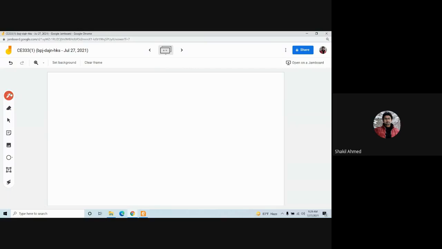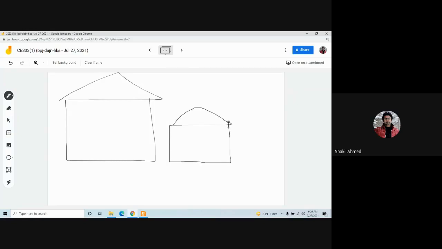For example, we have the house here. So your washroom, toilet, is here. Now you make two pits, holes in the ground.